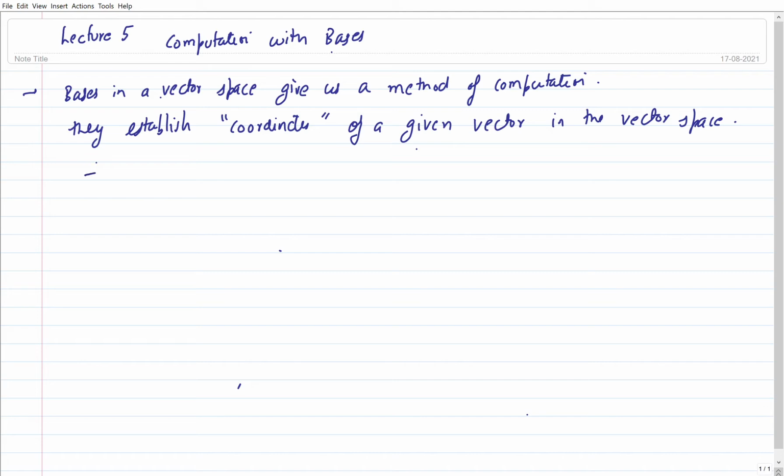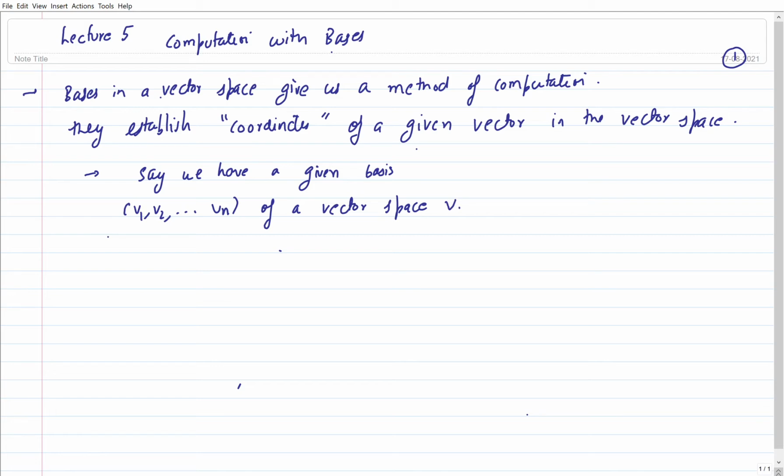So, for example, let's say we have a given basis of a vector space V.